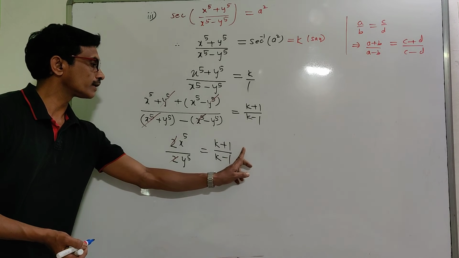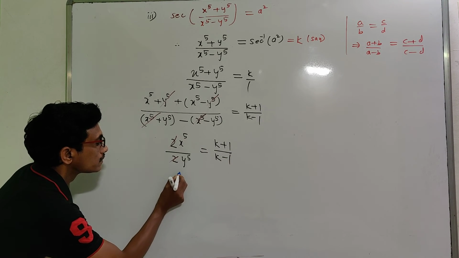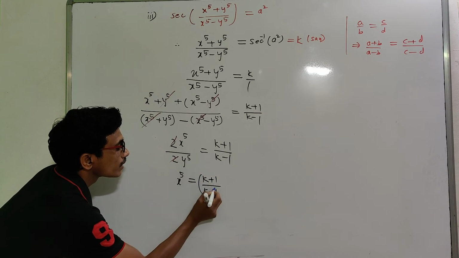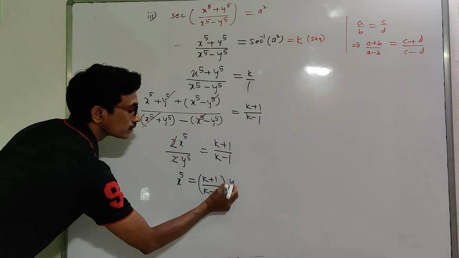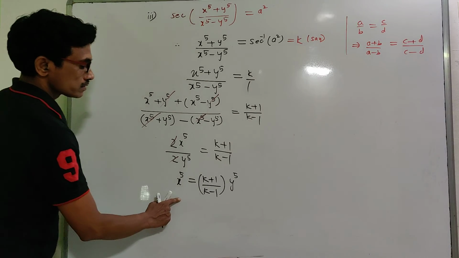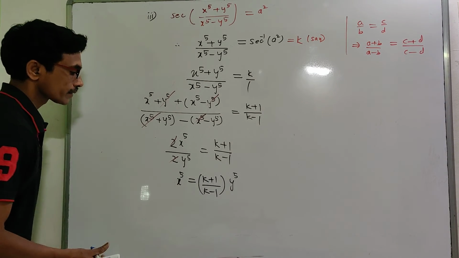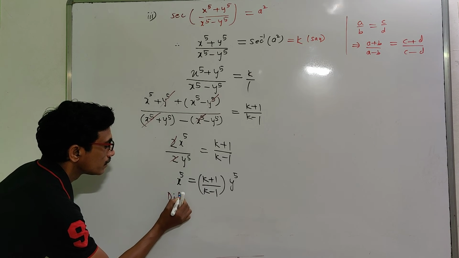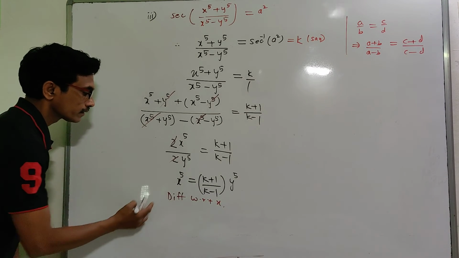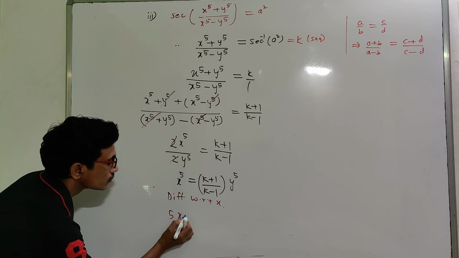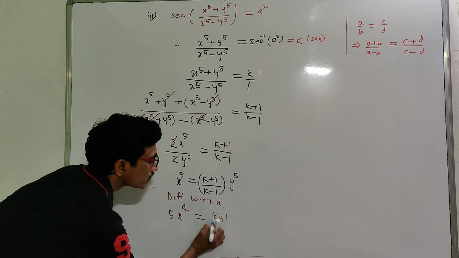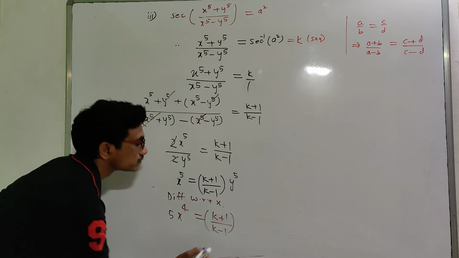So x^5 over y^5 we take on the right hand side: x^5 = ((k + 1)/(k - 1)) y^5. Now we differentiate with respect to x. Differentiating with respect to x, we will be getting 5x^4. On the right hand side, (k + 1)/(k - 1) is constant.